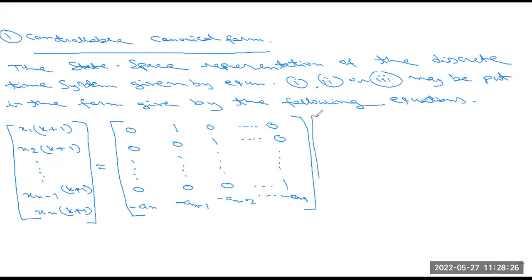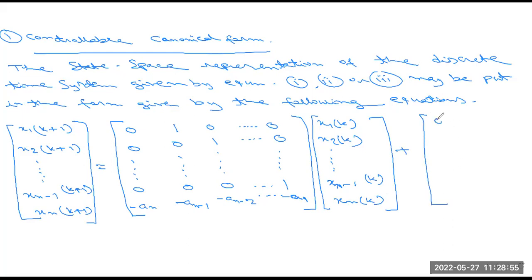And the vector is x1 of k, x2 of k, dot dot dot, x of n minus 1 of k, and xn of k. Okay, plus another vector 0, 0, dot dot dot, 0, and the last term is 1 for u of k.